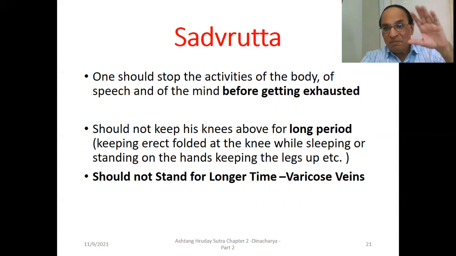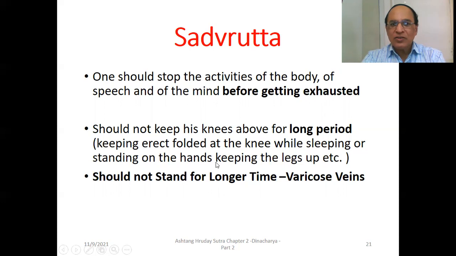Okay. So some part is regarding manners, some part regarding mental health, some part regarding physical health in this Sadvrutta. One should not keep the knees erect, folded at the knee for a long period while sleeping or standing, or stand on the hands keeping the legs up. One should be very careful, because long-time standing involves the gravity force.